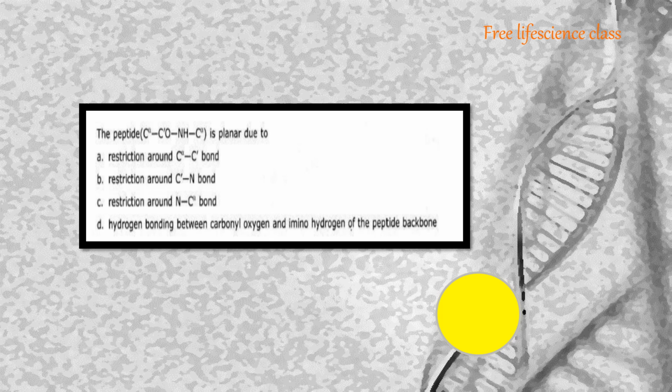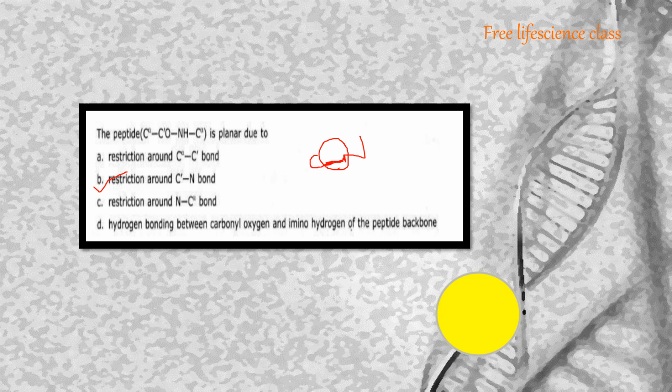So stop. Your answer for this question is option B, because we already studied in the Ramachandran plot that the bond forming between the carbon and nitrogen is the peptide bond, and this bond has a double bond character. This double bond character gives the peptide bond a planar structure and also rigidity.